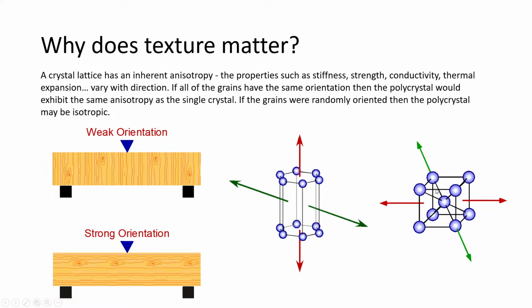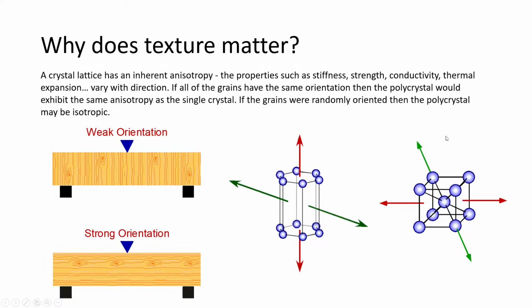Same thing occurs in crystals, where we have different strengths, different stiffness, different properties in different directions. Now I have a bias towards mechanical properties, so typically when I talk about properties, I'm talking about mechanical properties. But the same would be true of magnetic properties or optical properties or electronic properties, conduction, these kinds of things. The same is true of all properties that we're talking about.